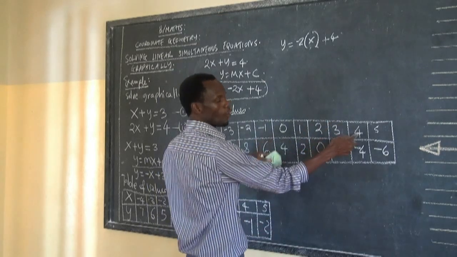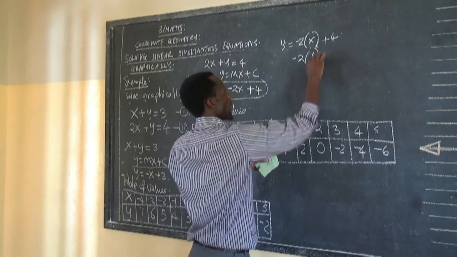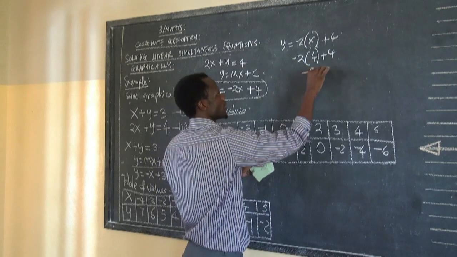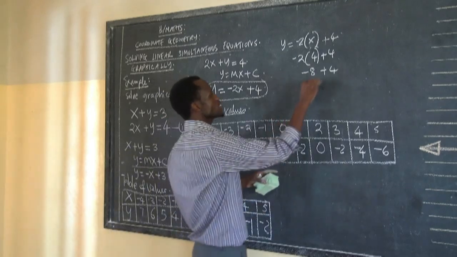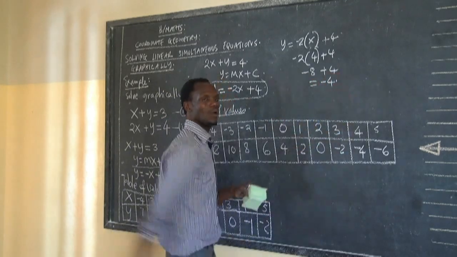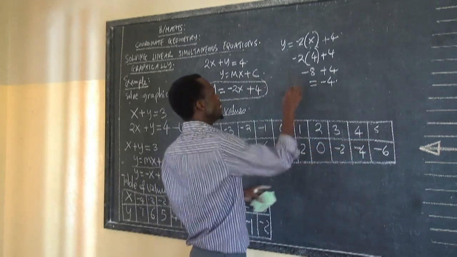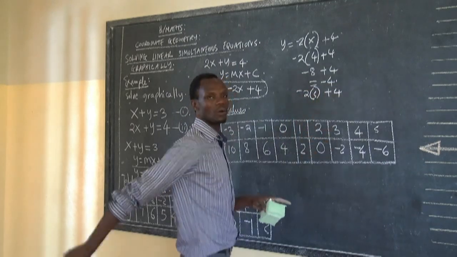What if the value of x is 4? Negative 2 times 4 plus 4. Negative times positive, you have negative 8, plus 4. Negative 8 plus 4, the answer is negative 4. What if the value of x is 5? Negative 2 in bracket 5, then plus 4.